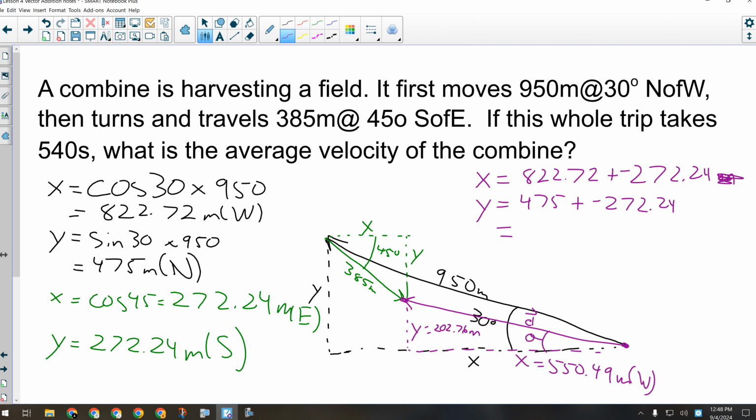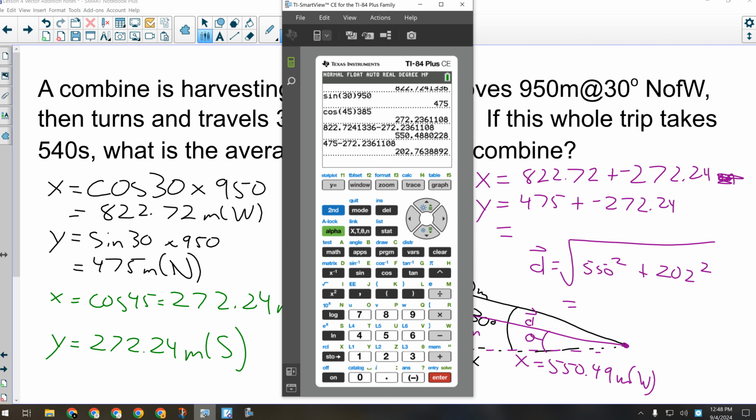Pythagorean theorem. All right, so big D is going to be 550 with all the decimals squared plus 202 with all the decimals squared. I'm just shortcutting to save time on the board here. So I'm going to do that calculation in my calculator, but I'm not going to shortcut, and I'm actually going to use all of the numbers here.